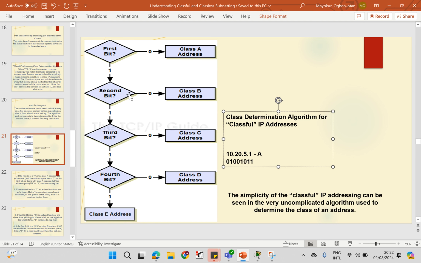If you check the second bit and it is 0, it is class B. But if it is 1, check the third bit. If you check the third bit and it is 0, it is class C. But if the third bit is not 0 and it's 1, check the fourth bit. If the fourth bit is 0, it is class D. But if the fourth bit is 1, then it is class E.